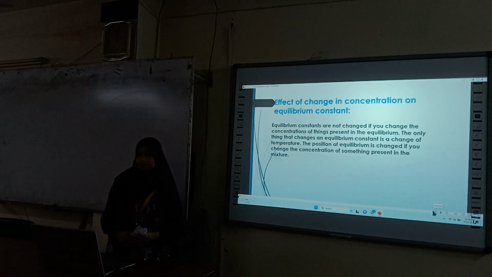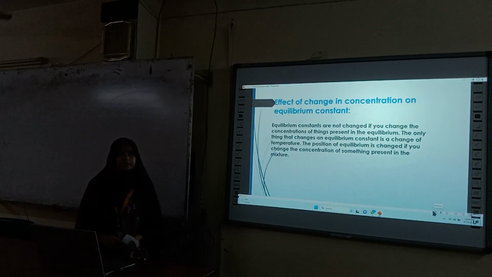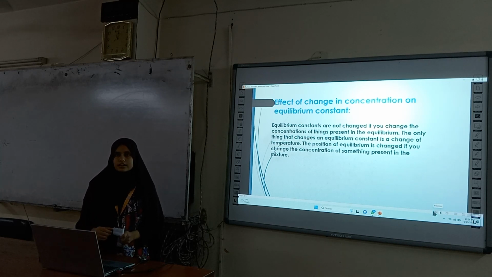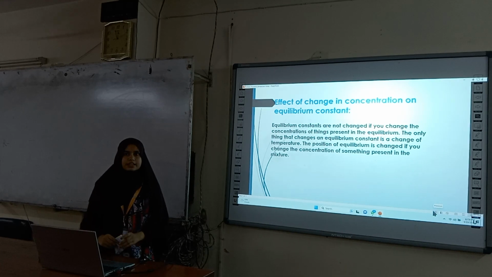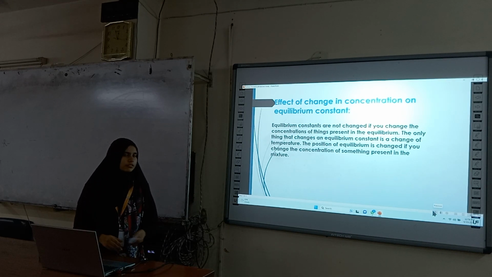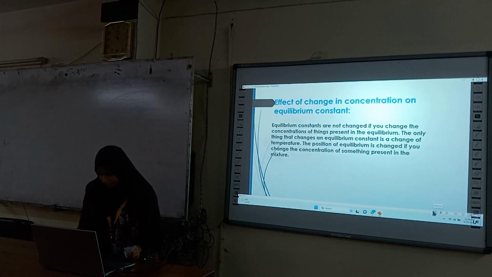When we change the concentration, the direction will be right when the concentration of reactants is greater than the product, and the direction of the reaction will be left when the concentration of the product is greater than the reactant.